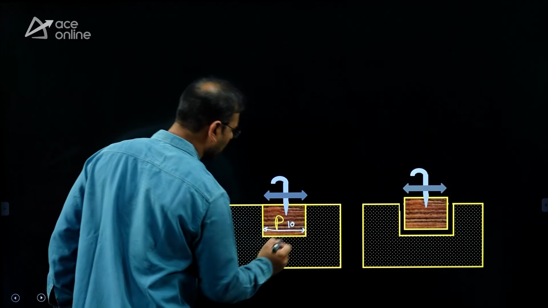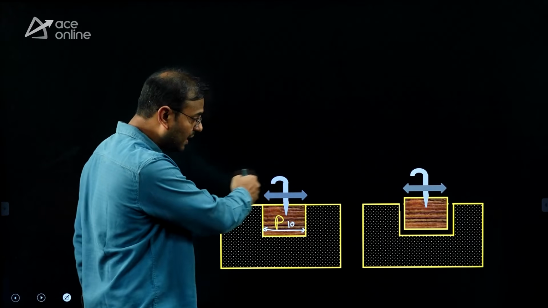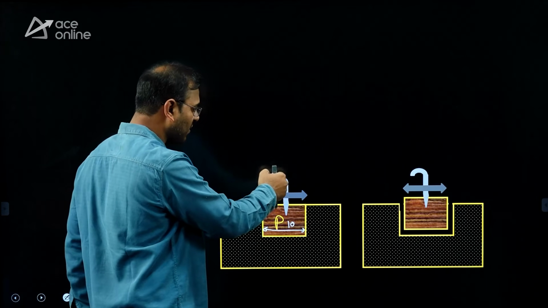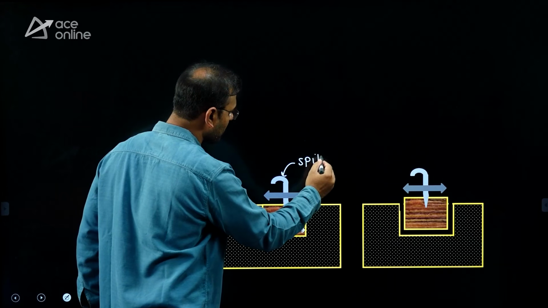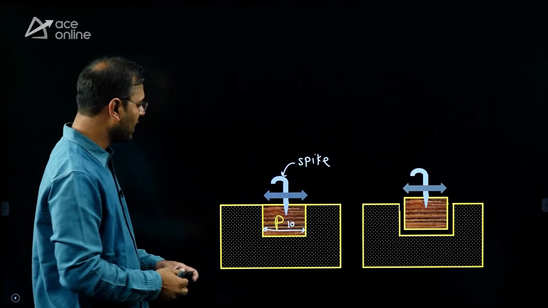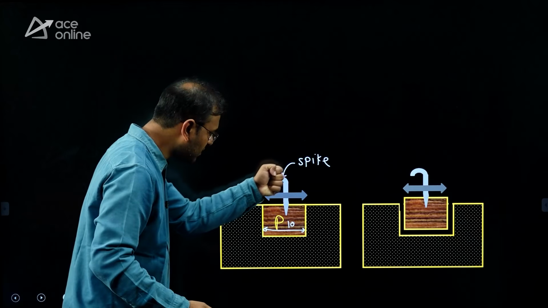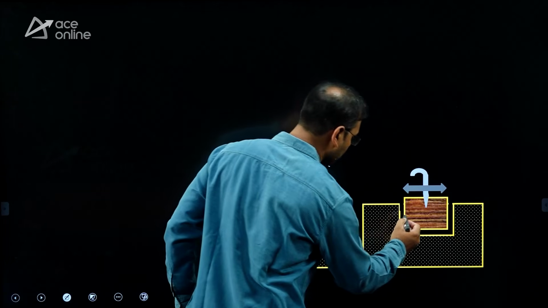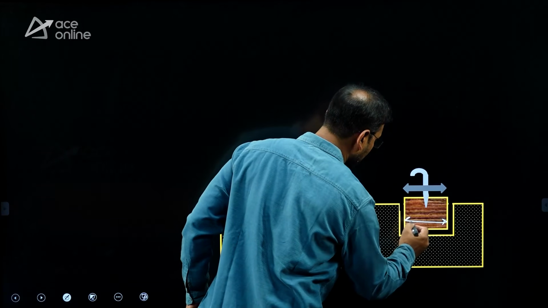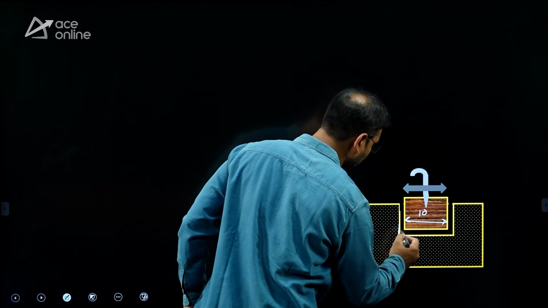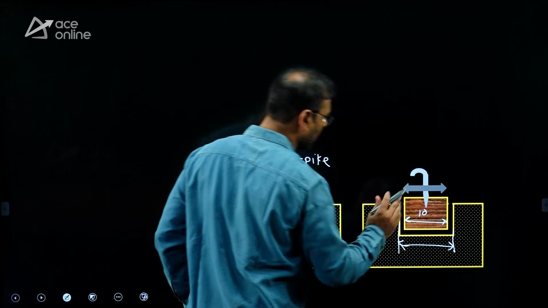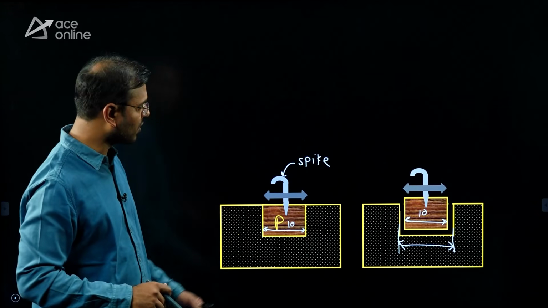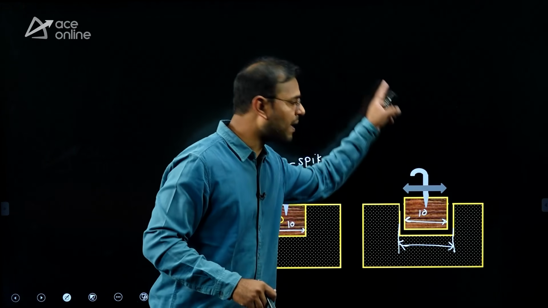Because of shaking, with the spike held and some forces given, the cavity size is going to increase, and this is known as shake allowance. Because of that we can easily remove the pattern from the mold.